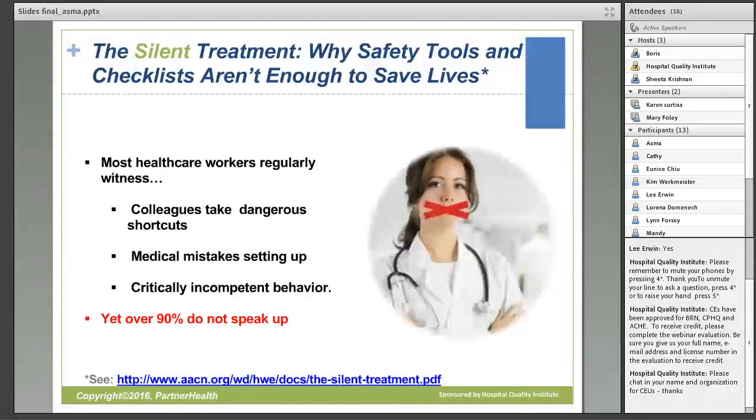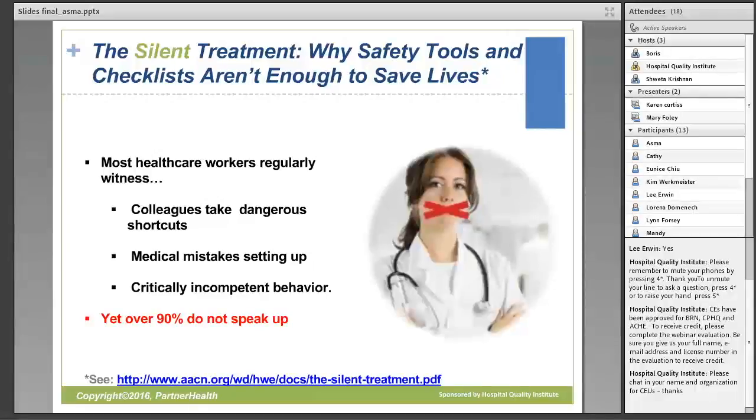We know from the study that was recently published that we've been talking about safety tools and we've been talking about checklists, but fundamentally they aren't enough to save lives, as the study has shown.